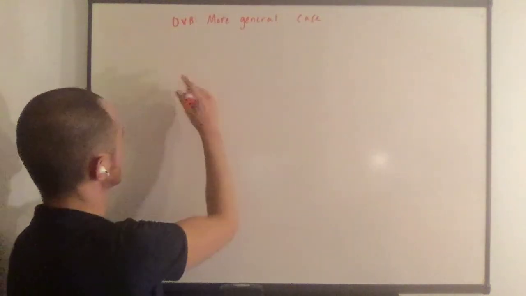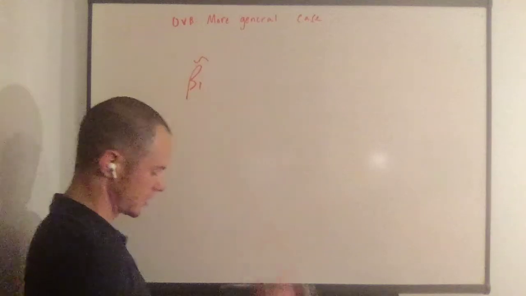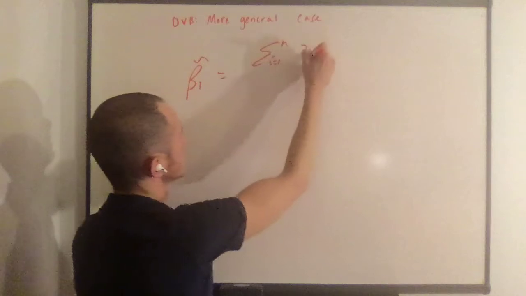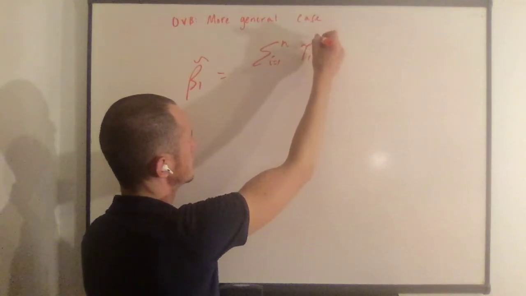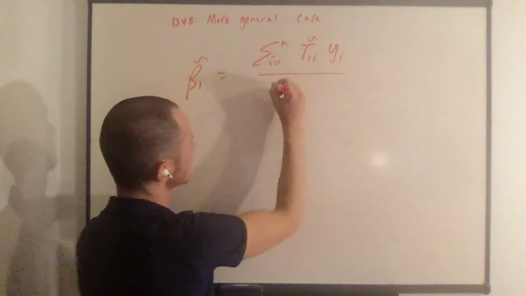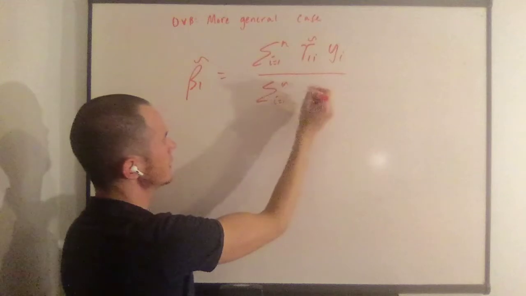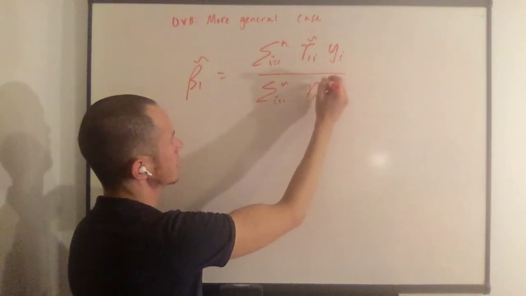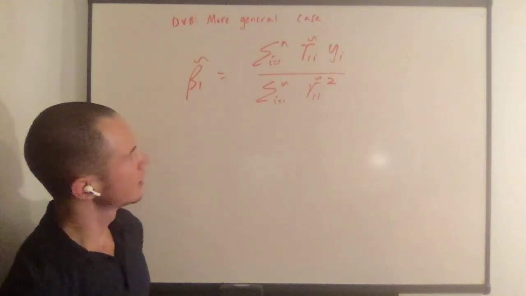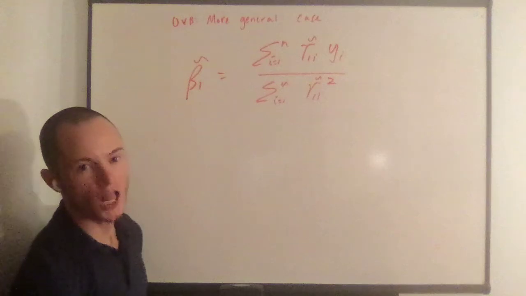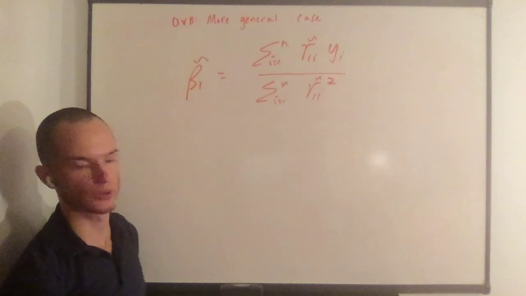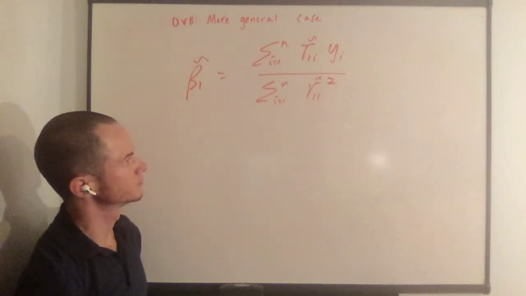Recall that we can write beta 1 tilde as equal to the sum from i equals 1 to n of r1i tilde times yi all over the sum from i equals 1 to n of r1i tilde squared, where these r1i are the OLS residuals from a regression of x1 on x2 through xk minus 1.